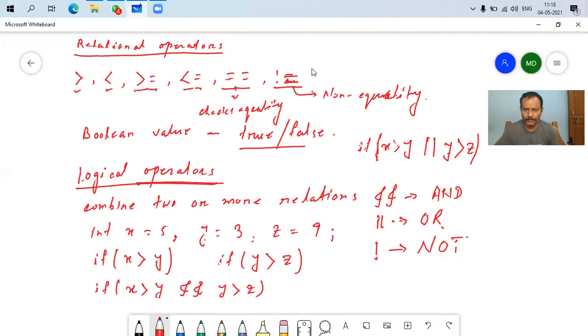Operator precedence actually means if there is a number of operators in an expression, in which order those operators are executed.